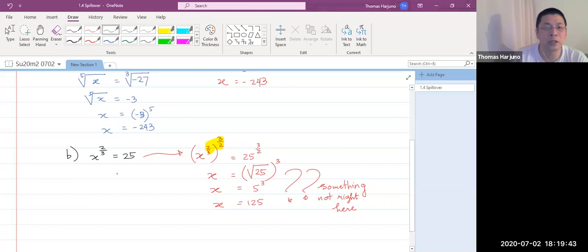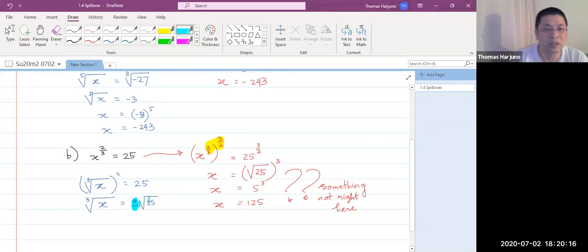Now let's see if I do it slowly. This is the cube root of x, squared, equals 25. I need to do the square root property first, right? When I apply the square root property, notice that I'm supposed to use plus minus. That's the one missing earlier.